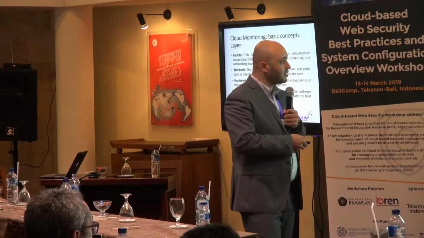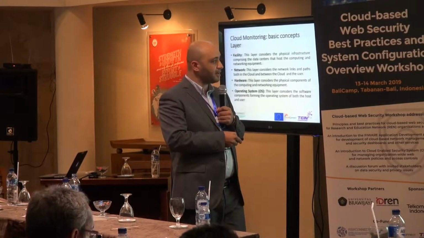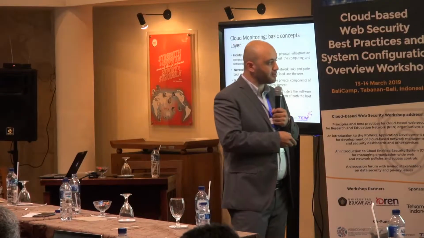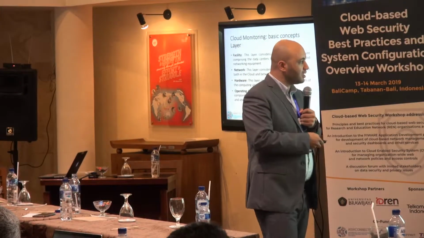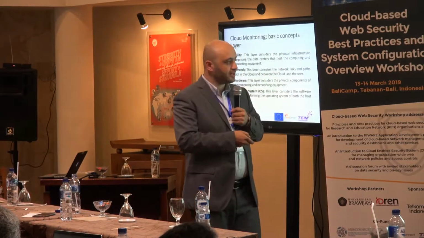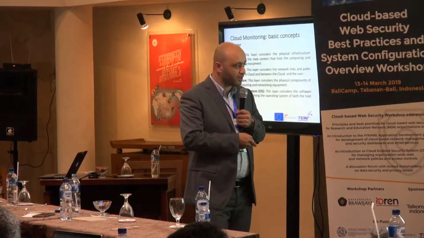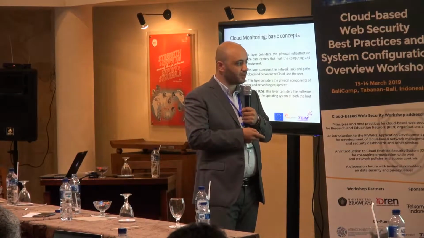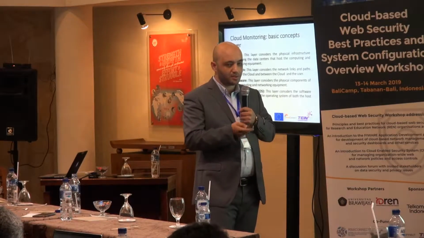The first layer here, when we're talking about layers, is facility. Okay, so this layer considers the physical infrastructure, which consists of the data centers, and when we're talking about network, it's the network links and paths between the clouds and between the cloud and users.